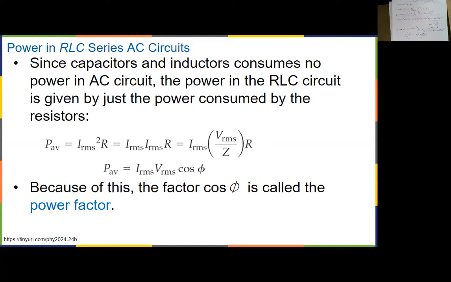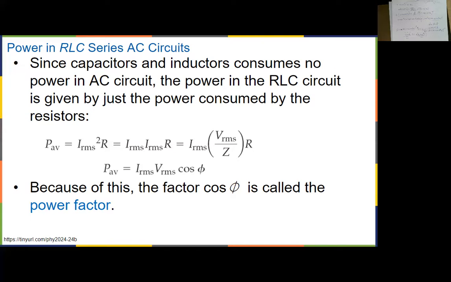Okay, so in an RLC circuit, you can calculate the power. You can use either I squared times R, or V squared over R, or V times I. Okay, in this case, again, because this is an AC circuit, you want to use the root mean square quantities. Okay, so for the current and then for the voltage as well.